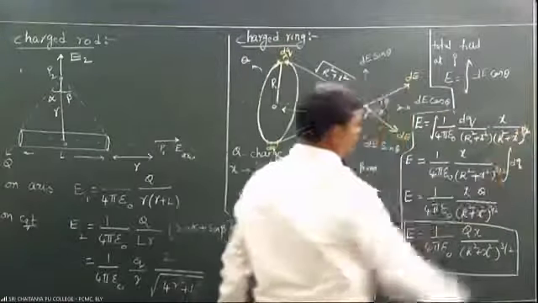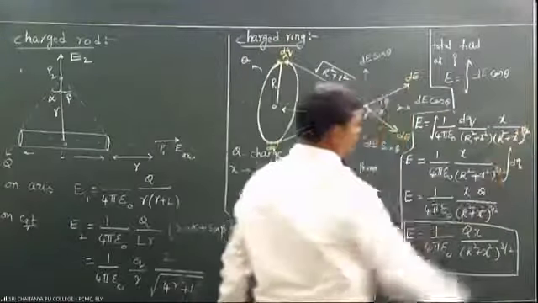As we go from the center along the axis, the intensity increases and becomes maximum somewhere, at a distance R by root 2. Then after that, it decreases. It comes like this graph.